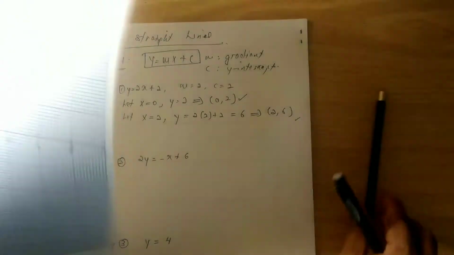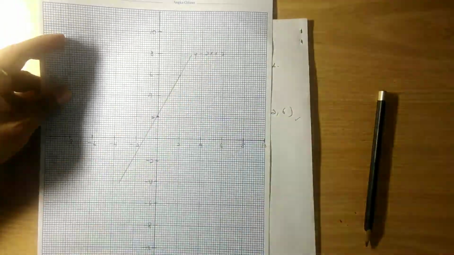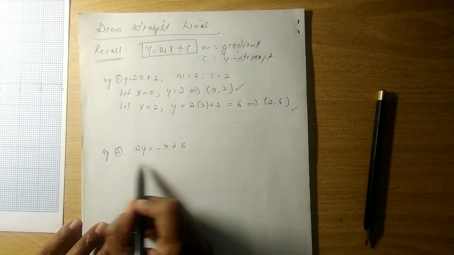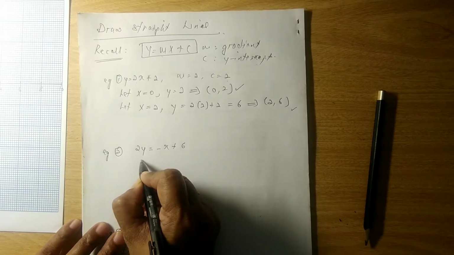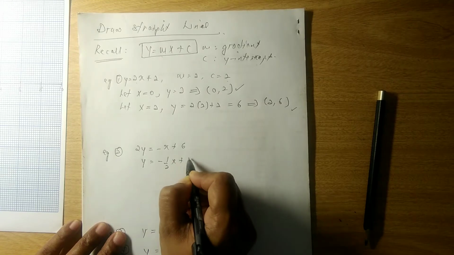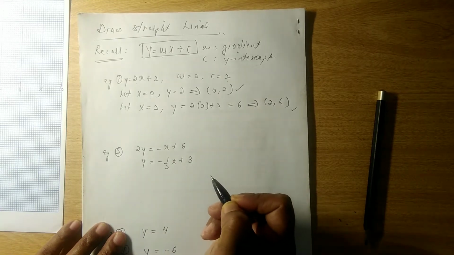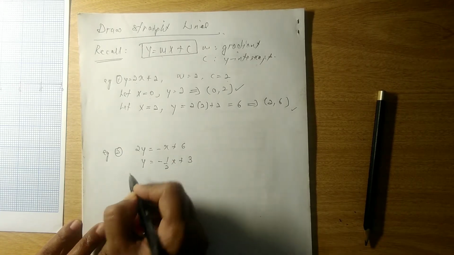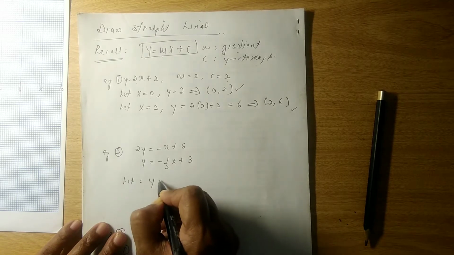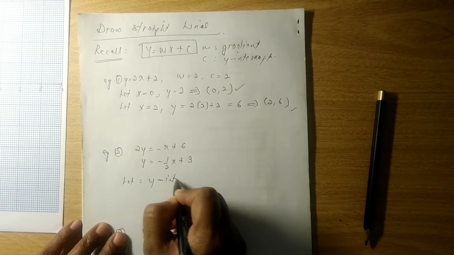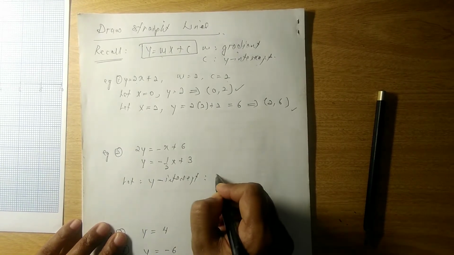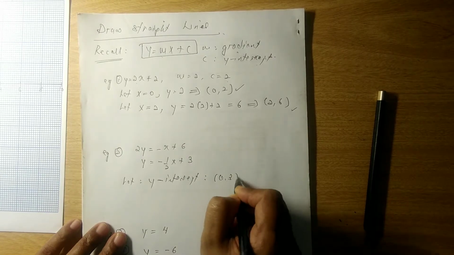Next one, let's say we have got something like this. y is negative 1 over 2x plus 6 over 2, which becomes 3. That means straight away my y-intercept is from the equation itself, which is 0, 3.